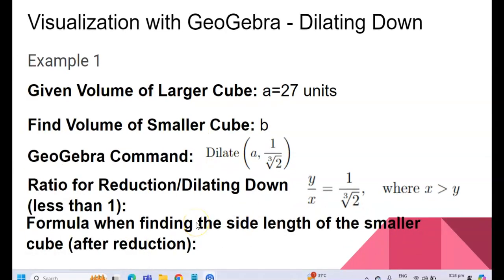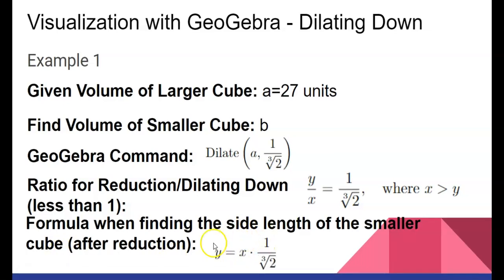So before our GeoGebra time, let me show you the formula when finding the side length of the smaller cube after the reduction. So we simply multiply the side length of the bigger cube, x, by the scaling factor, 1 over cube root of 2. So y is equal to x times 1 over cube root of 2.